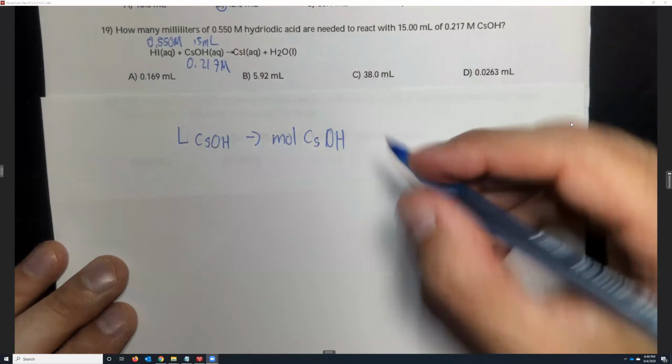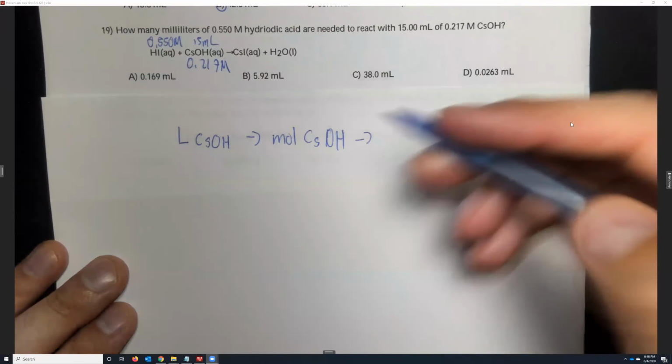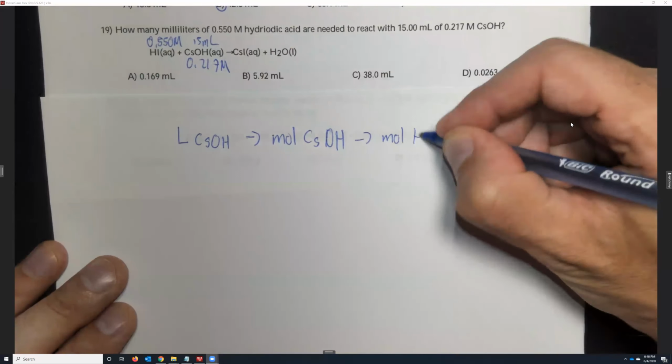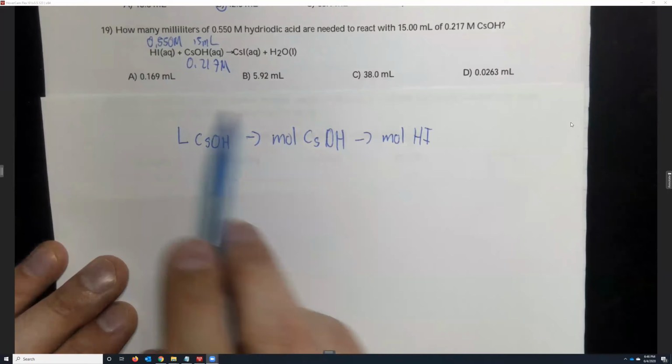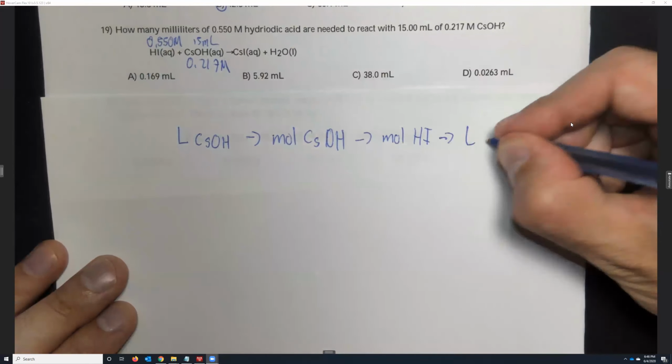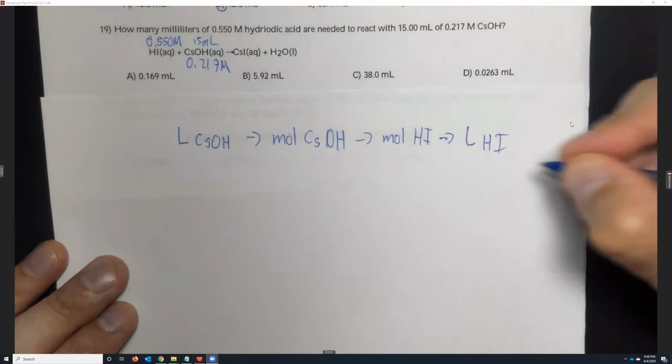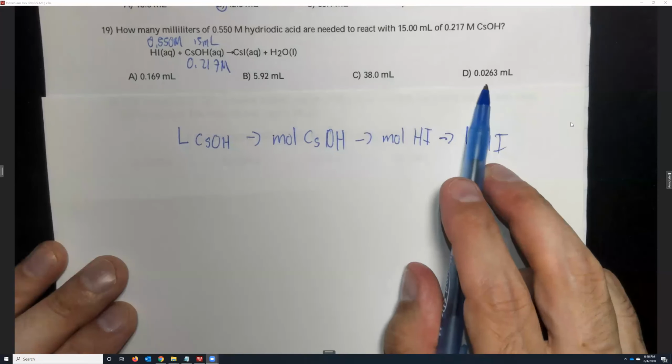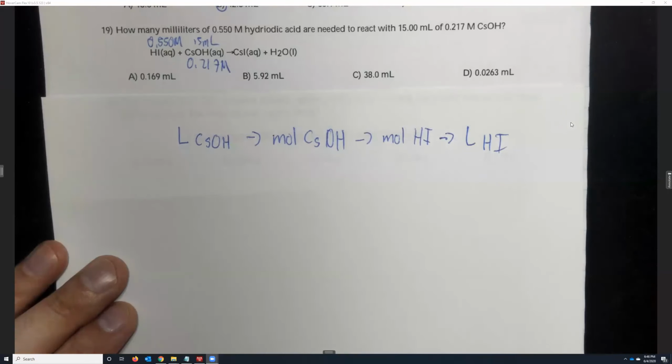Once we have moles of cesium hydroxide, we can use the balanced chemical equation to find moles of HI. If we have moles of HI and we have the molarity of HI, we can convert it to liters of HI. Note that all of our answers are in milliliters, so whatever liters we get, we're going to have to multiply by 1,000 to find the correct answer.